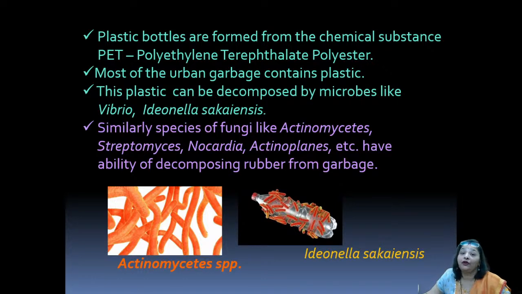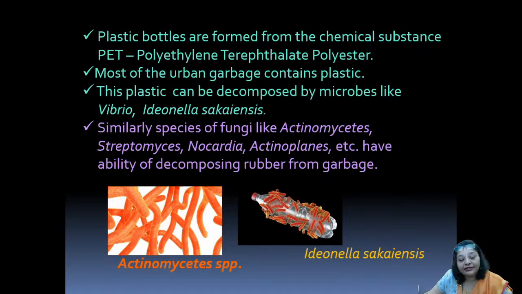This plastic can also be decomposed by microbes like Ideonella sakaiensis. Similarly, certain fungi-like bacteria such as actinomycetes, Streptomyces, Nocardia, Actinoplanes, etc. have the ability of decomposing rubber from the garbage.